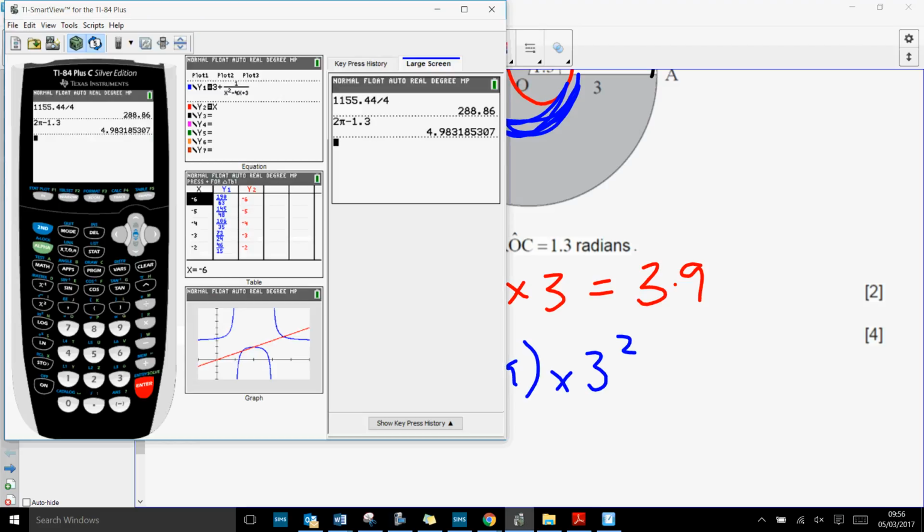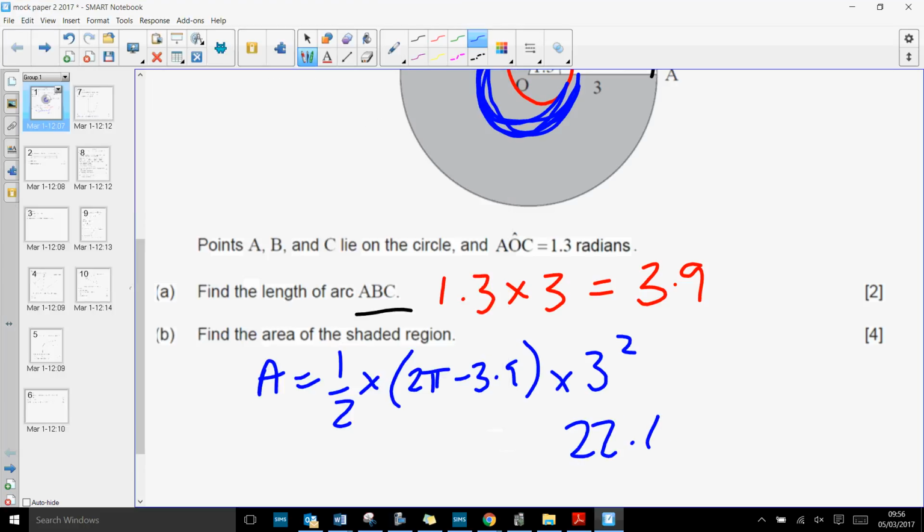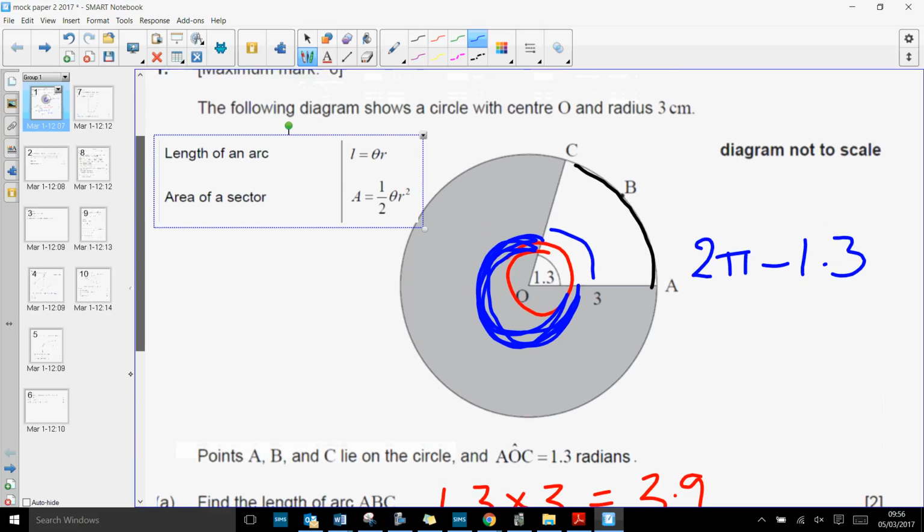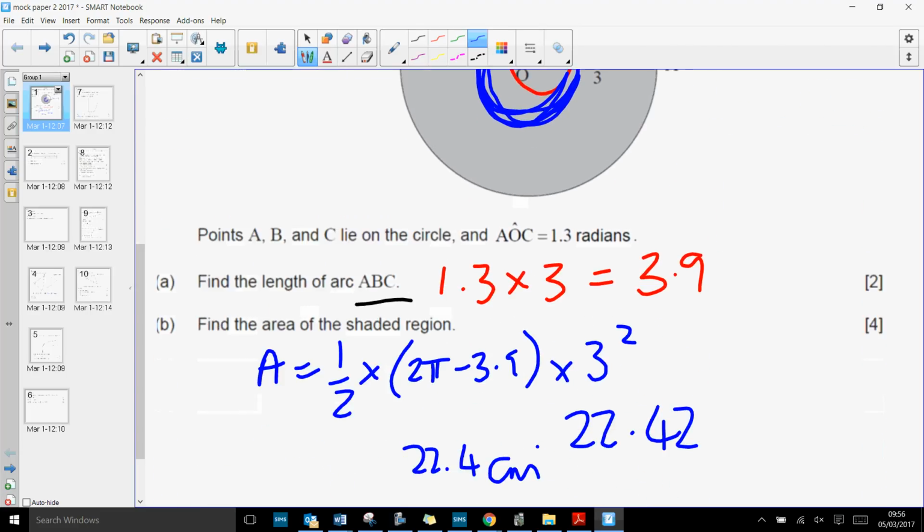So the answer multiplied by 0.5 multiplied by 9, 22.42. That's right. And that rounds to 22.4. What units are we on? Centimeters squared. Remember rounding to 3 sig fig.